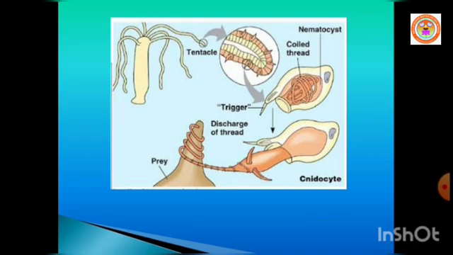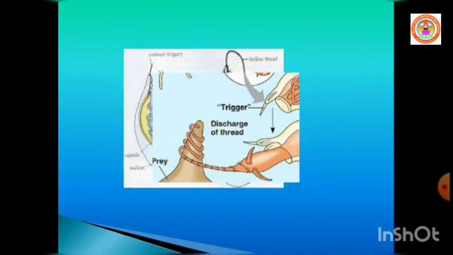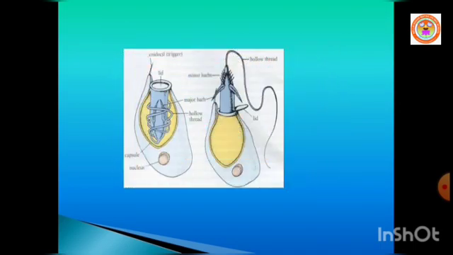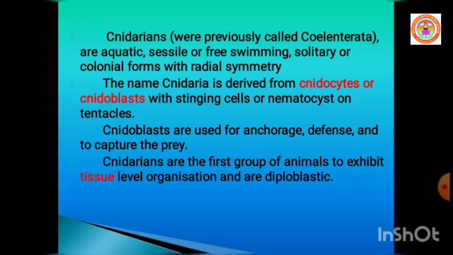Cnidarians are the first group of animals to exhibit tissue level organization, and they are diploblastic in their germ layers.